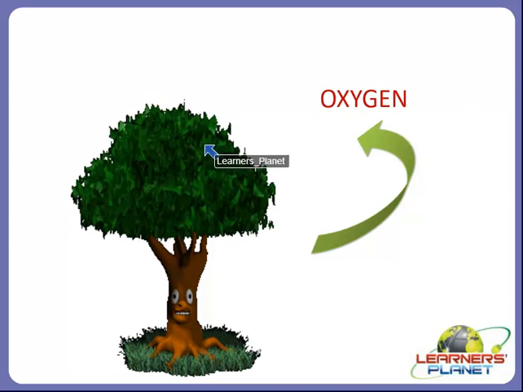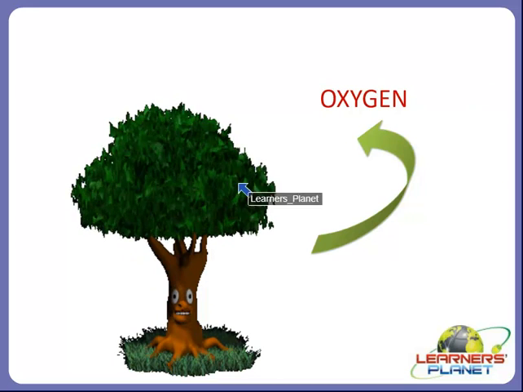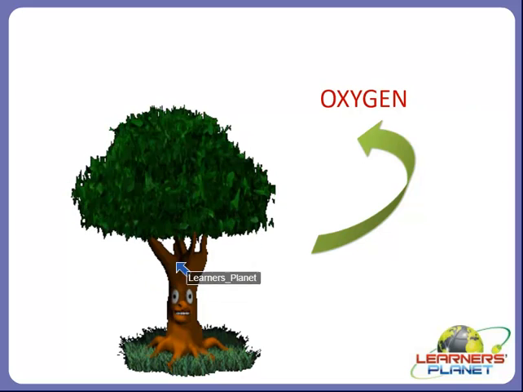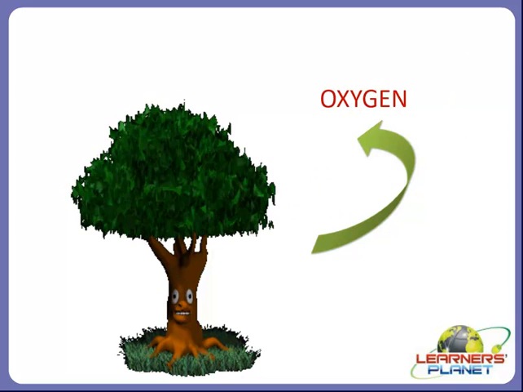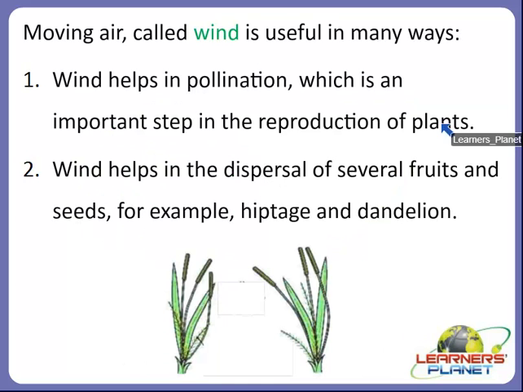We just now studied that plants release oxygen, which is inhaled by us, the animals and human beings. There is one more thing, moving air, which is called wind. So a moving air, which is an abiotic component called wind, is also useful in many ways.